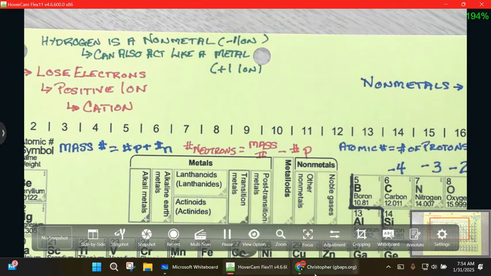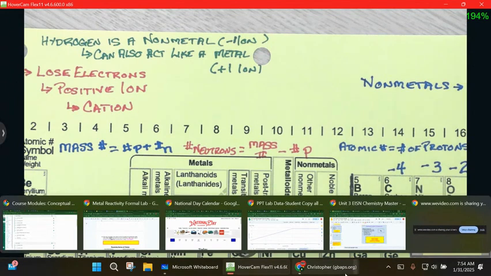Wait, isn't that basically a reactive metal? It says it is a nonmetal, meaning it can act like a -1. But there are times when it can act like a metal and be a +1. So it can kind of do either one. So you can lose it or gain it? Correct. It can lose an electron or it can gain an electron.